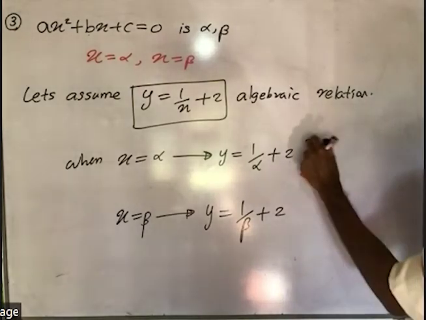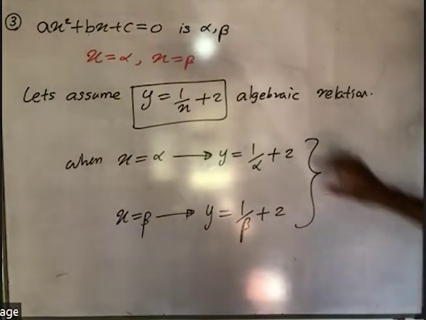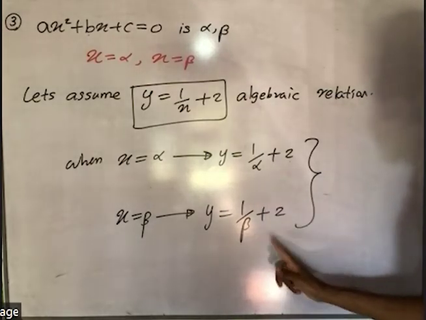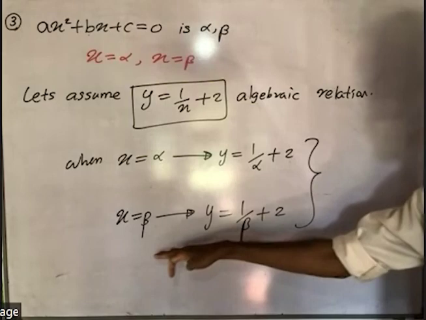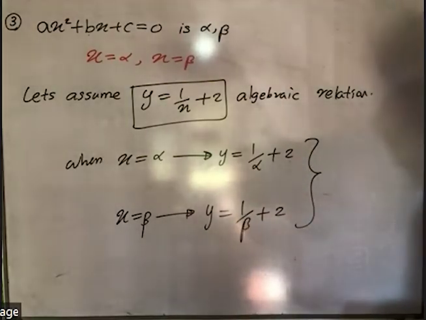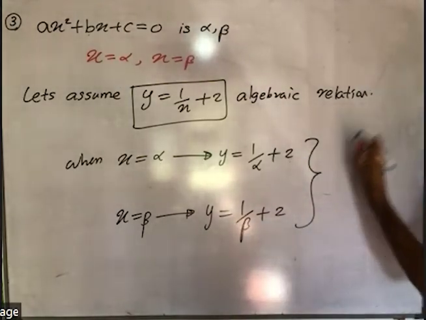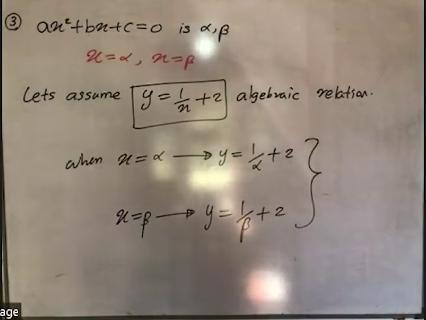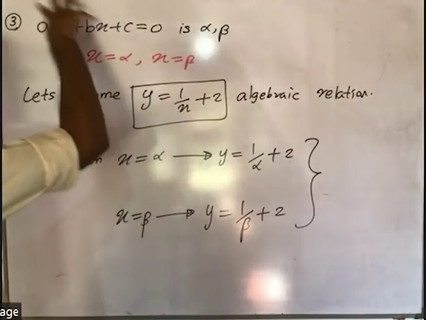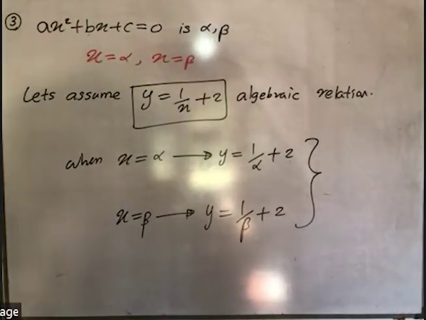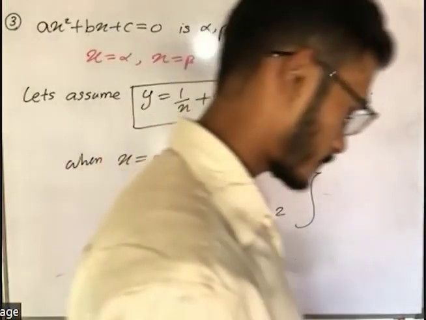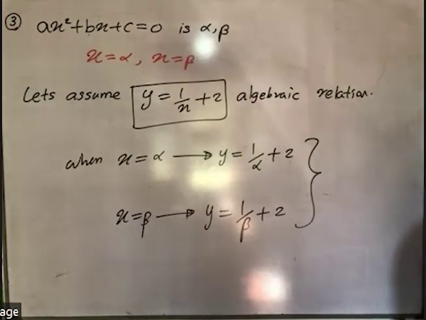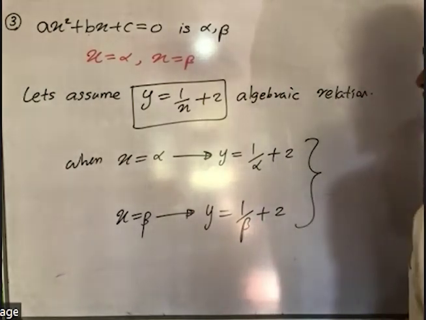These are the two roots that we want, right? 1 over alpha plus 2, comma 1 over beta plus 2. So when x equal to alpha, you get the first root, and when x equal to beta, you get the second root. Therefore, using this algebraic relation, we can convert the given equation to the equation we want, right?